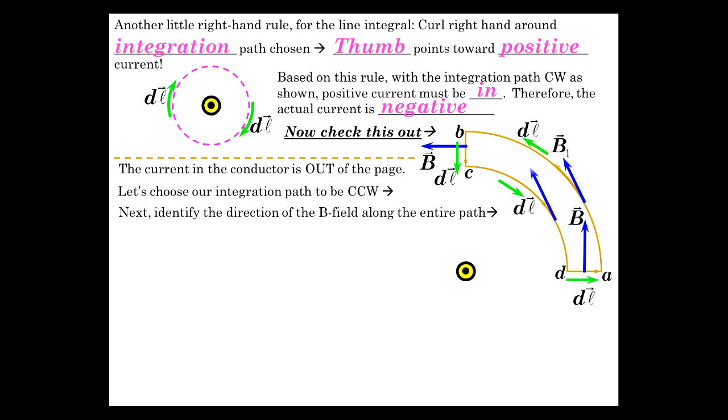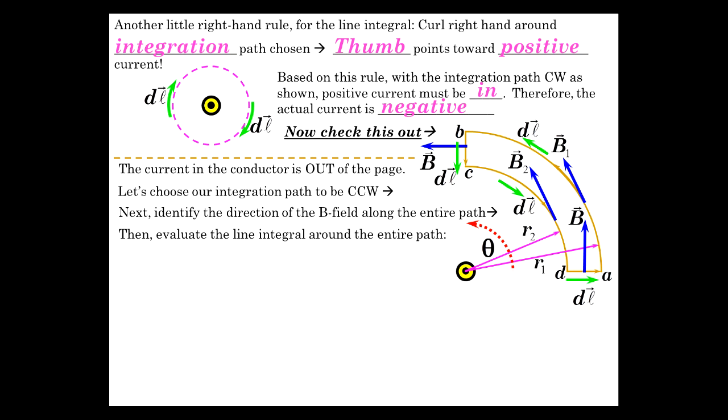Here is perpendicular again, and finally, anti-parallel. All right. Now, we have radius 1 for B1, and we have radius 2 for B2. Let's consider then, as we integrate along this path, we have this angle theta, which is actually pi over 2.